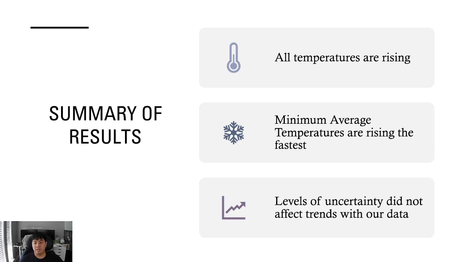Now, as a summary of the results of what we found out in this analysis, the overall data clearly shows that all temperature measures, the average, minimum, maximum, have all increased significantly from the 1900s into the 2000s.